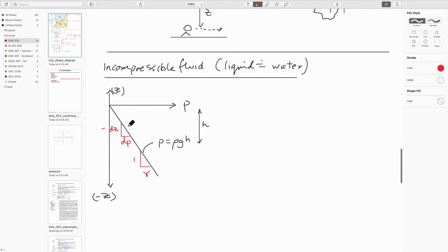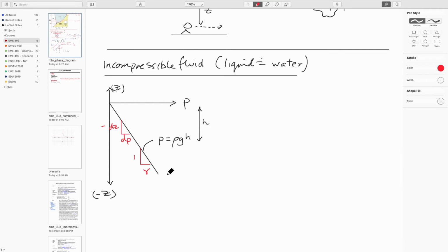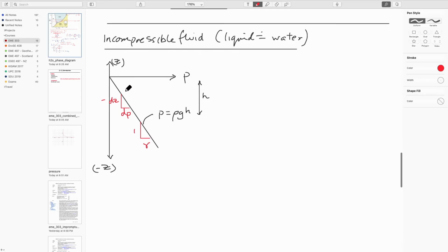That's physically all that expression means. It's saying that the gradient of pressure as you go down is invariant. It's a constant. It changes with the unit weight. And it matters what the material around it does, whether it's compressible or incompressible, as to how it will work out. And so for an incompressible fluid, we've made the point that this is always the case. So we could write dP/dz equals minus gamma.